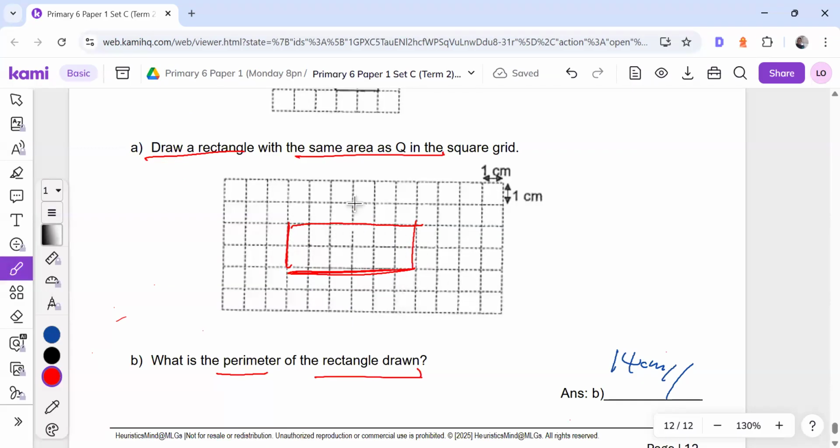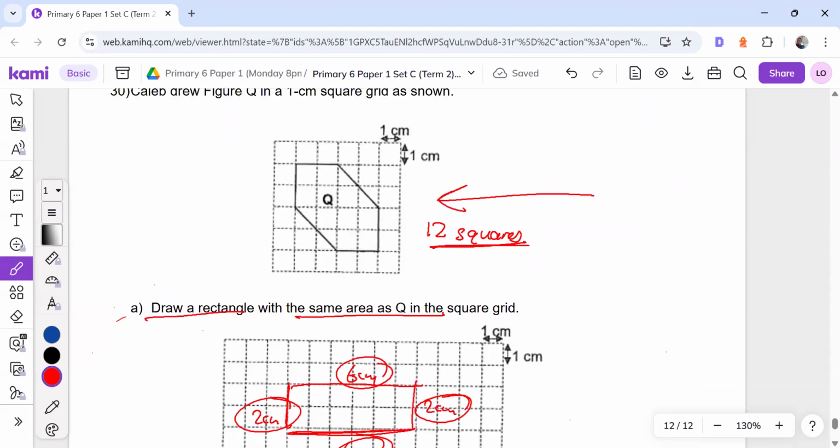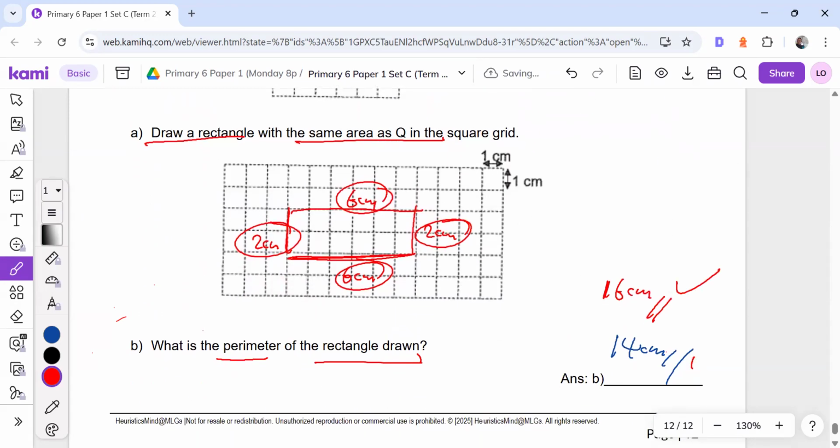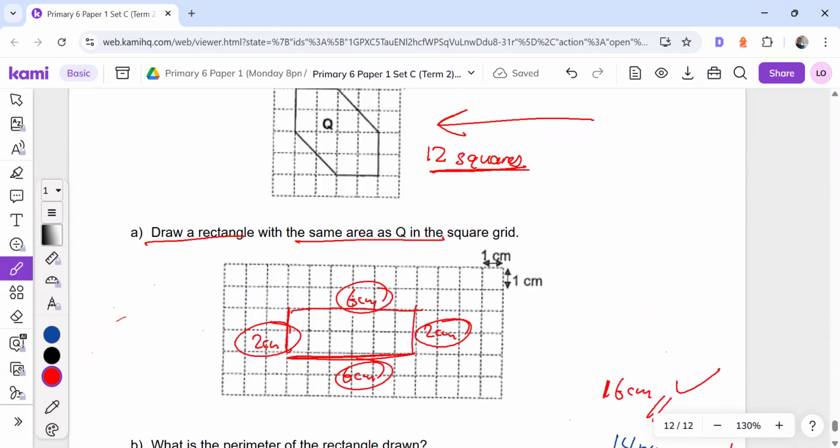So you count 6 cm here, also 6 cm here. And then this is 2 cm, and this is 2 cm. So if you add the sides, 6 plus 2 is 8, 8 plus 8 is 16. Is your answer 16? Okay, I think you also get the answer correct. Yeah, fine. So you will get full marks. So this question has a few possible answers.